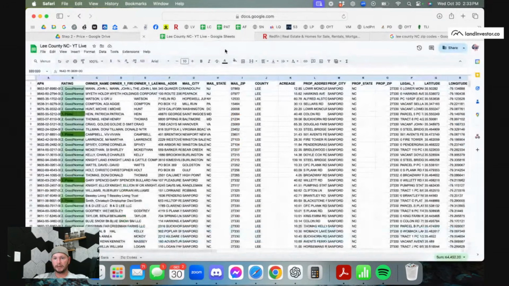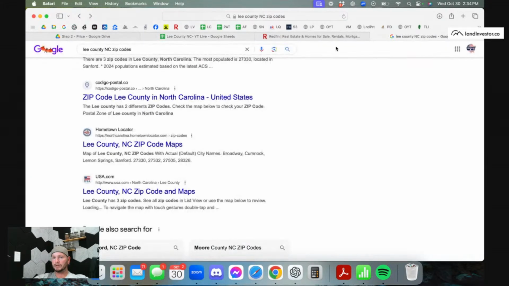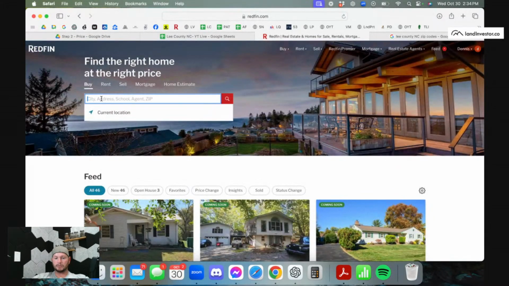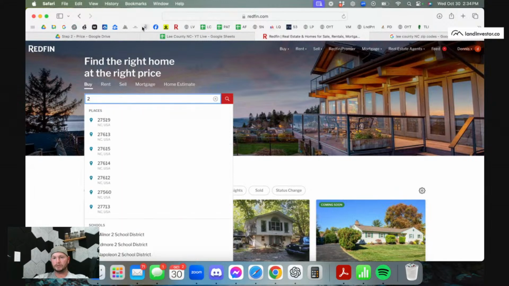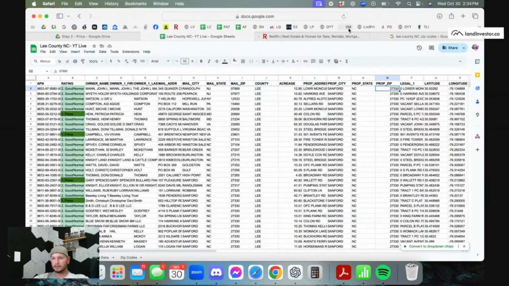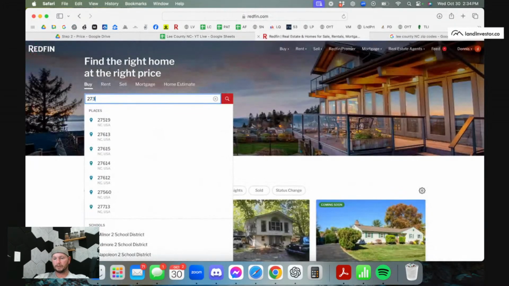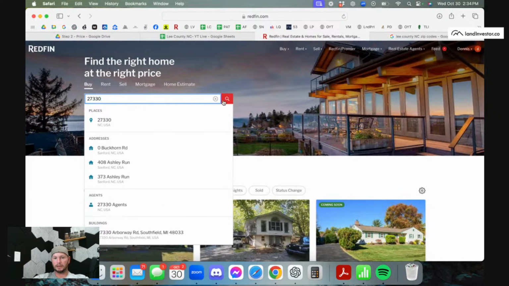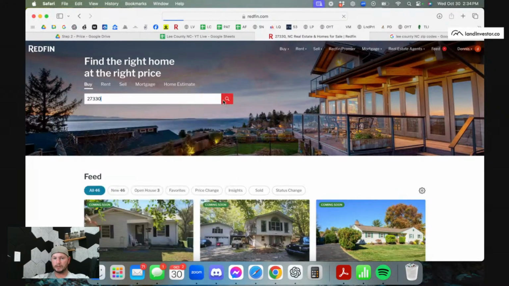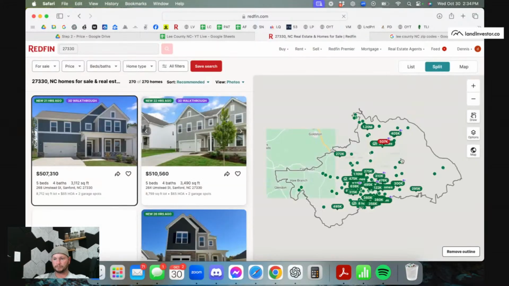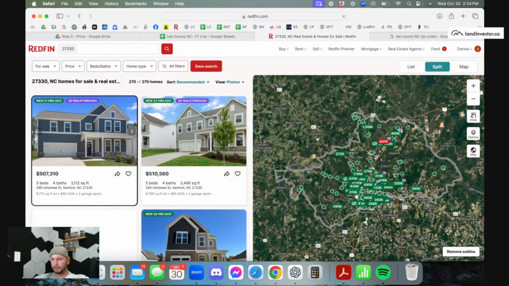I know this county. There's two main zip codes. So 27330. What I'll do is start with this one. Okay, this is the main zip code right here.